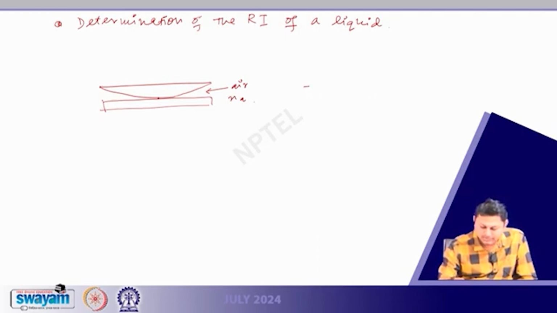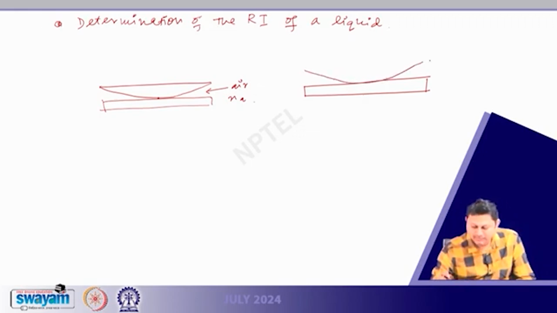In the other case, I have this structure, this planar convex lens is here, but instead of air we have some liquid placed here.